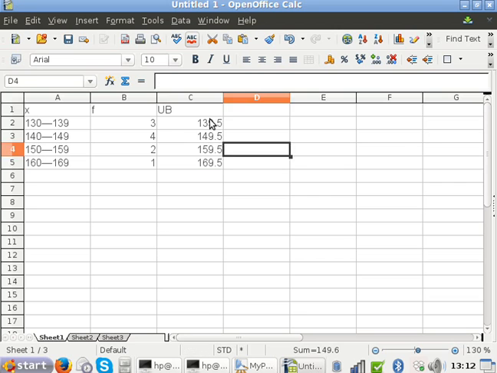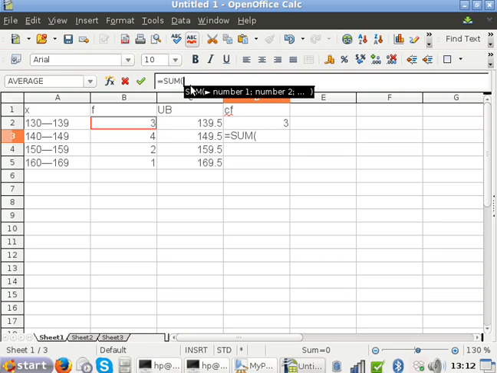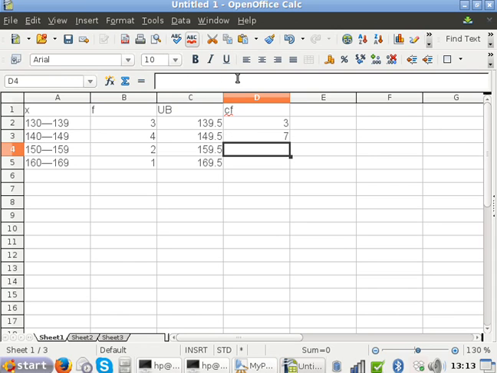Okay, and then here is the cumulative frequency, which would be this one and then it would be this one. Well, it'd be the sum of the first two. And then this one here is 9, and the last one there is 10.